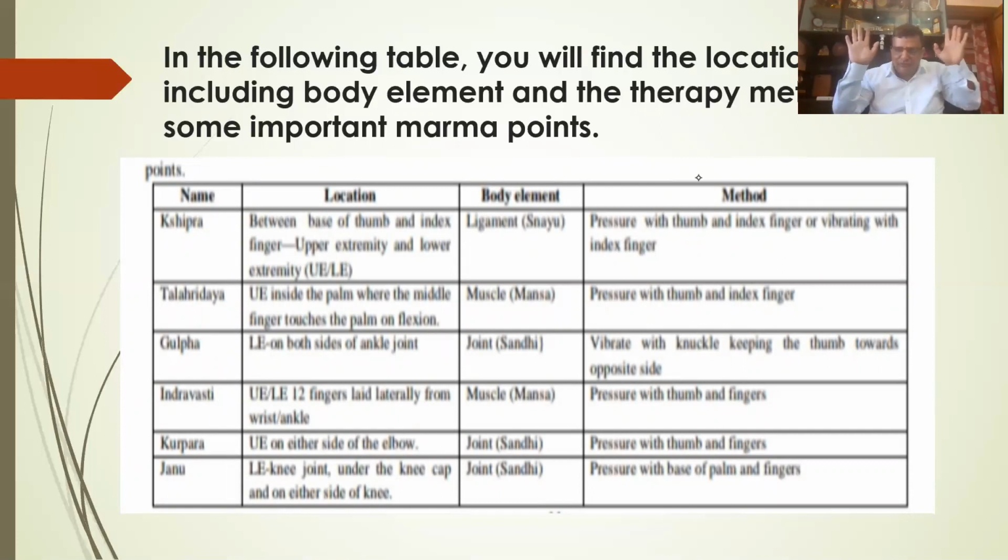The same I have already explained for the Tal Hridaya Marma. This is a very important Marma point. Tal Hridaya Marma is of 4, 2 in our palm and 2 in our sole. Gulpha Marma in the lower extremity, on both sides of the ankle joints. Sandhi type of Marma, vibrate with the knuckle, keeping the thumb towards the opposite side. This way, we just create a knuckle. And Indravasti Marma, same I already explained, in upper extremity and lower extremity.